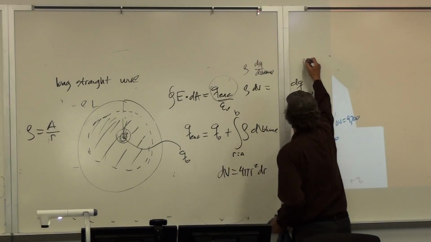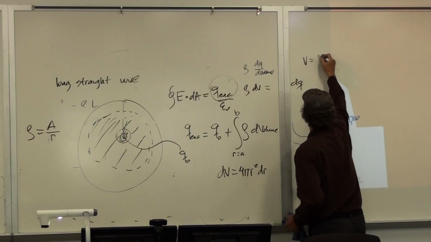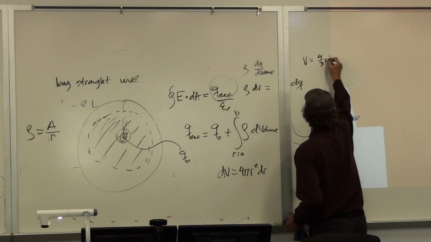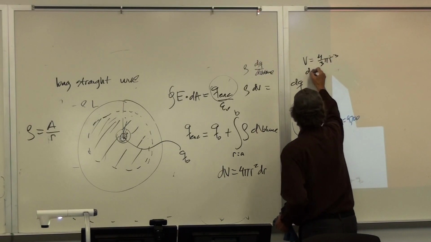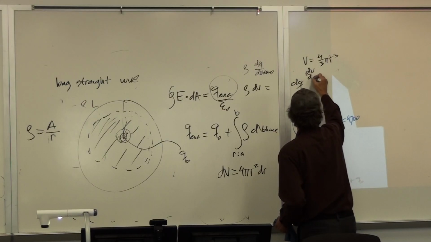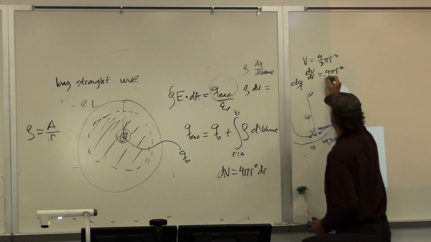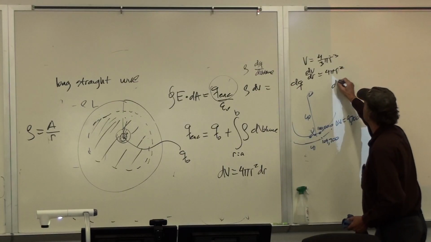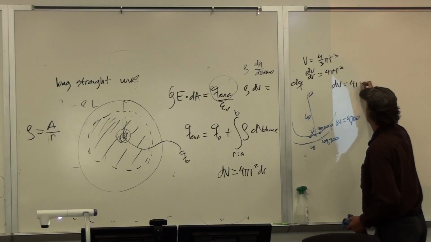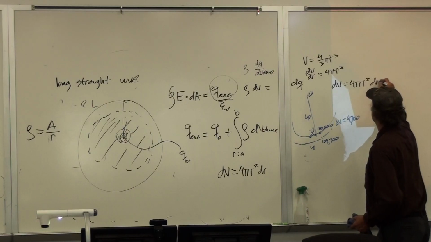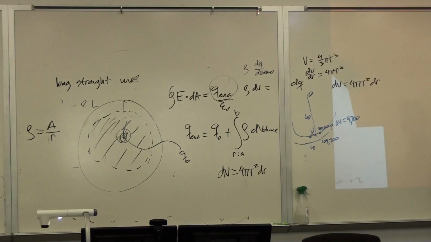If you don't believe that, remember that volume for a sphere is 4/3 pi r cubed. So dV/dr is 4 pi r squared. That's the surface area of the sphere. So dV is 4 pi r squared dr. So you don't need double integrals or anything for that, triple integrals. Not necessary.